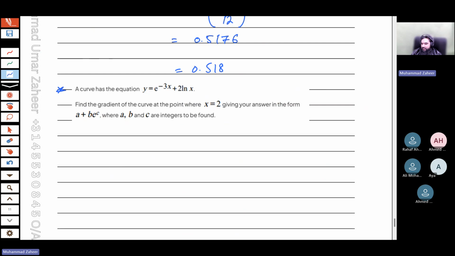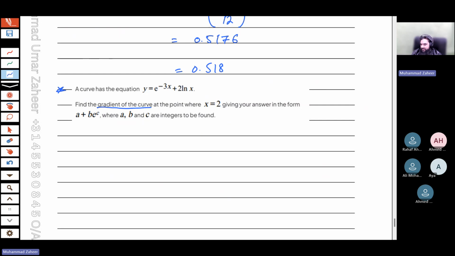A curve has the equation y equal to e power minus 3x plus 2 natural log of x. Find the gradient of the curve at the point where x is equal to 2, giving your answer in the form a plus b e power c, where a, b, and c are integers to be found.